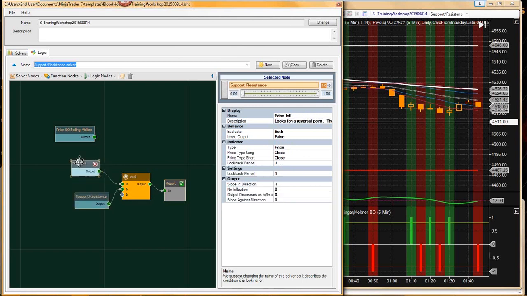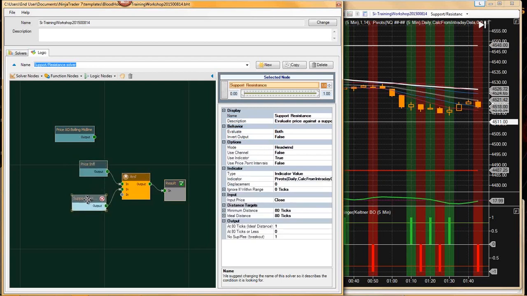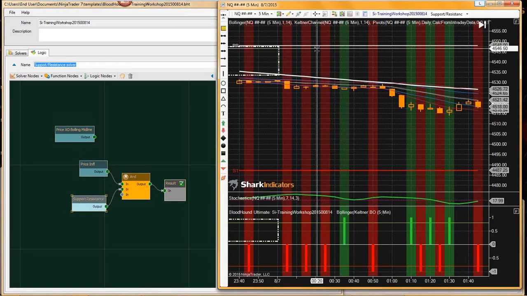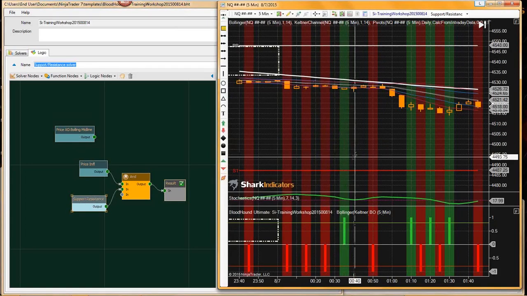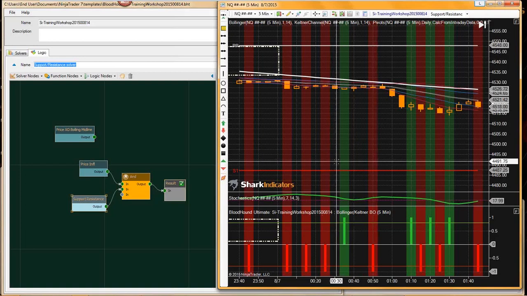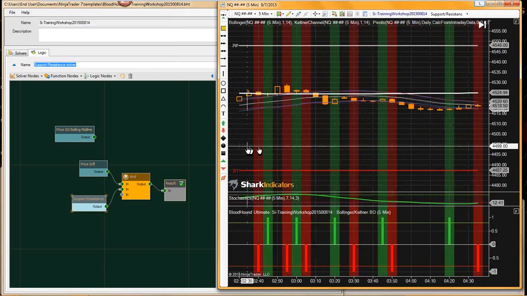You take your trade signals with an AND node and then set up the support resistance solver to generate basically a filter or a permission to take a trade into your resistance line or into your support line.